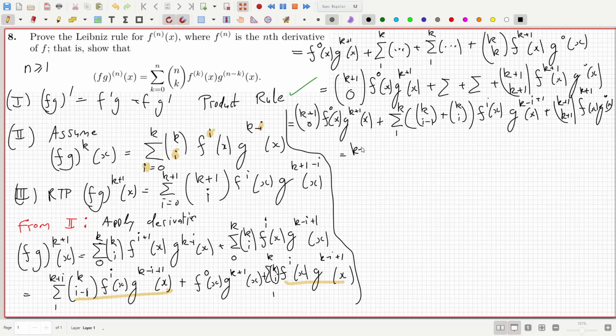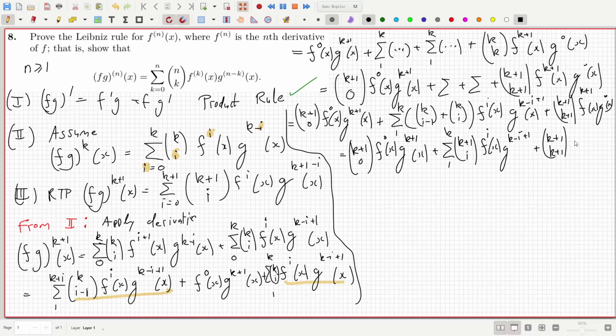So that would be k plus 1 choose 0, f 0 x g k plus 1 x, plus the sum 1 to k, and that would be k plus 1 choose I, f I g k minus I plus 1, plus k plus 1 choose k plus 1, f k plus 1 x g 0 x.